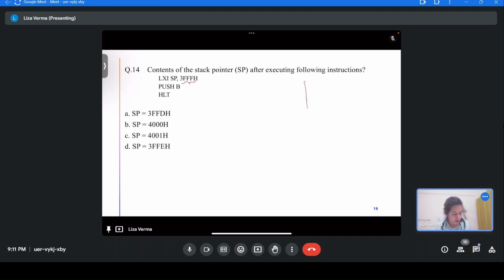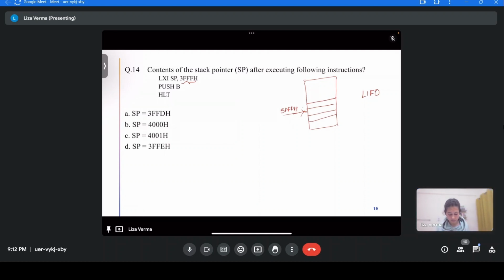We need to remember that the stack pointer points to the top of the stack, and it fills as LIFO, last in, first out. So anything that is now pushed into the stack will go to the address above this one, 3FFF. So the stack pointer has the value 3FFF, option A, I think.